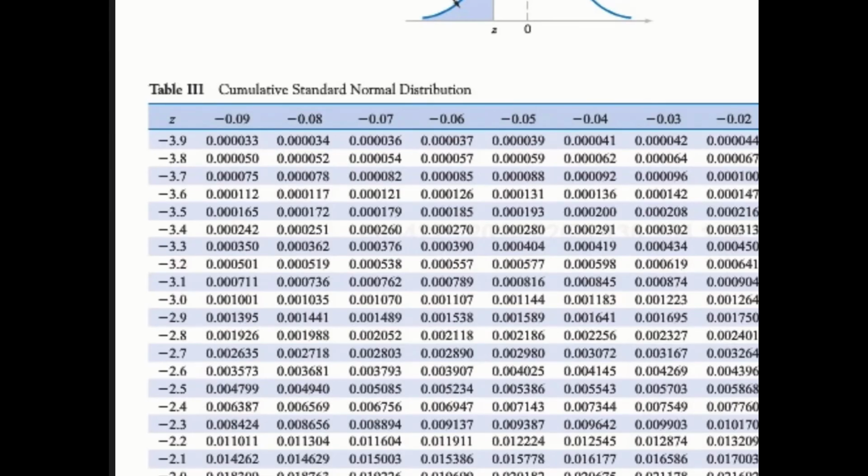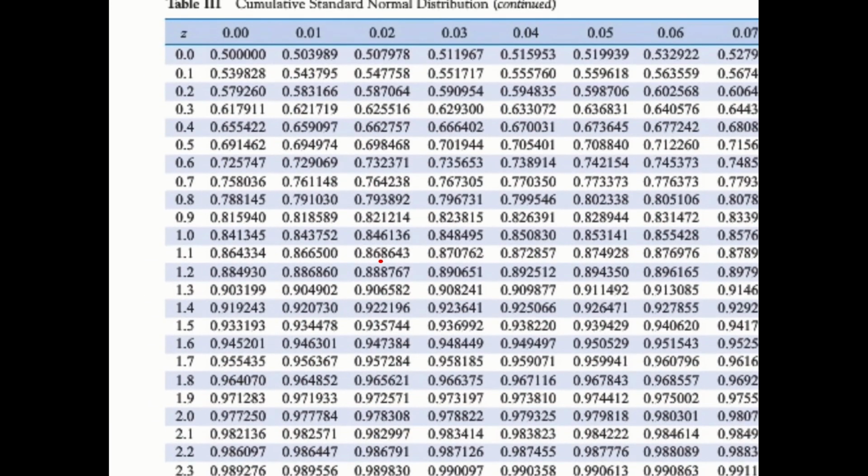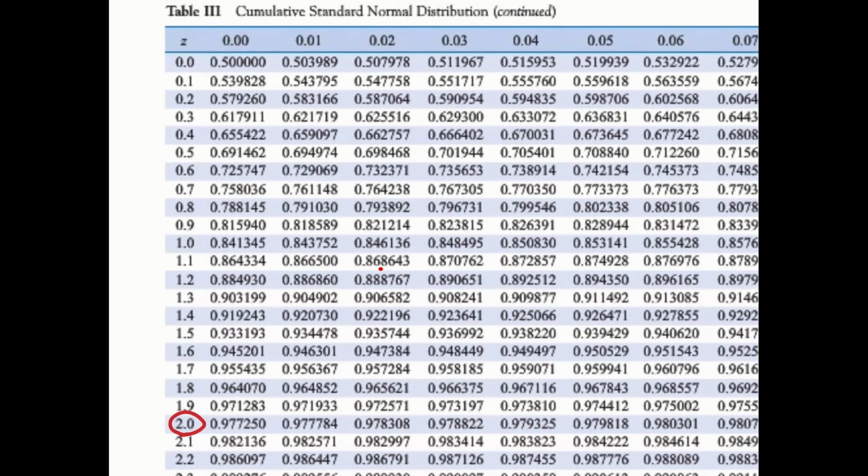Now here's the normal distribution table, and we're looking for the probability of z less than 2.05. So we need to find 2.05 on the z. Looking at the first column, this is 2.0 and this is 0.05, and the intersection of them is 0.9798.